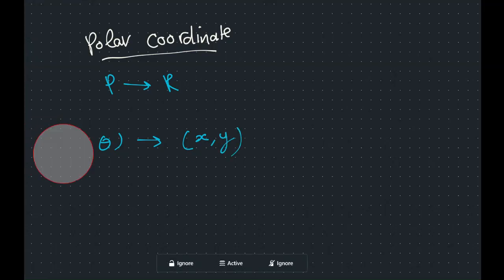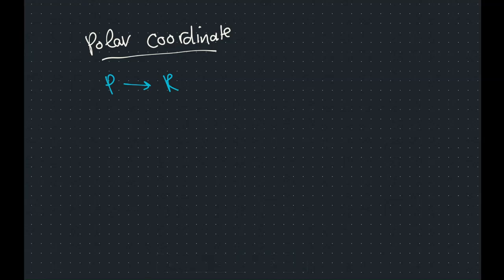In order to do that, I would like to remind you that if we had, for example, this system here, and we had a vector that goes in this direction and it has a length r and it makes an angle theta with the positive x-axis in this case.